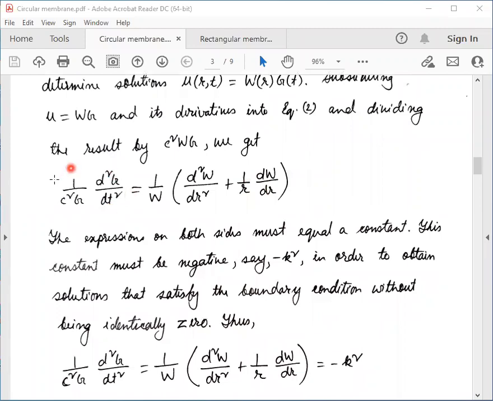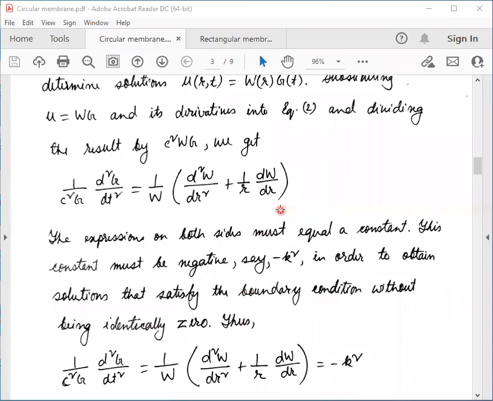Now you see that on the left hand side we have functions depending only upon time, and on the right hand side we have functions depending only upon r. So the expressions on both sides must be equal to a constant, and this constant must be negative.